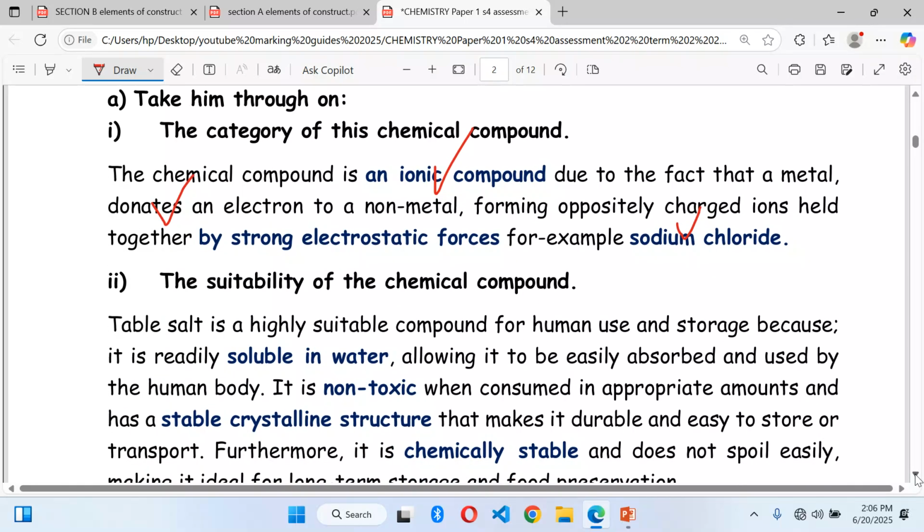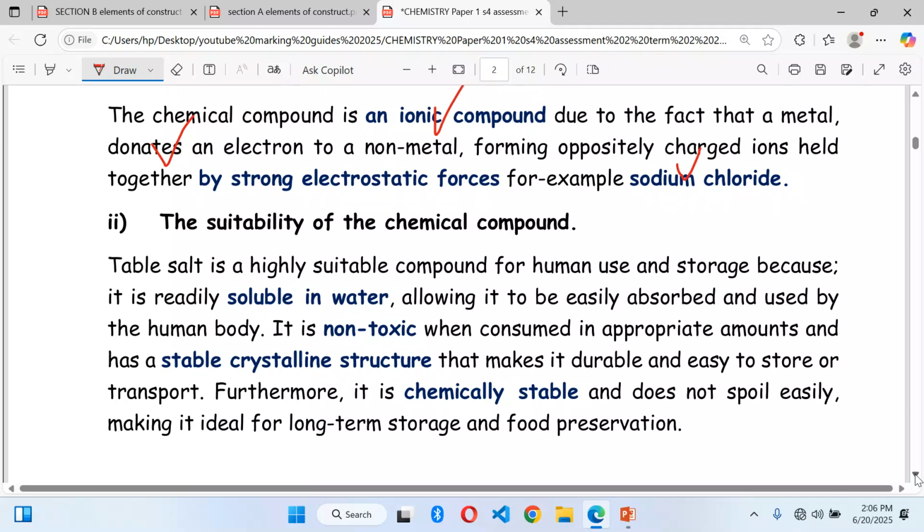Now let's go through. We said when we talk about suitability, we give at least 4 properties of that substance that make it good to perform its work. So here we're saying that table salt is highly suitable compound for human use and storage because it is readily soluble. That is the first property.